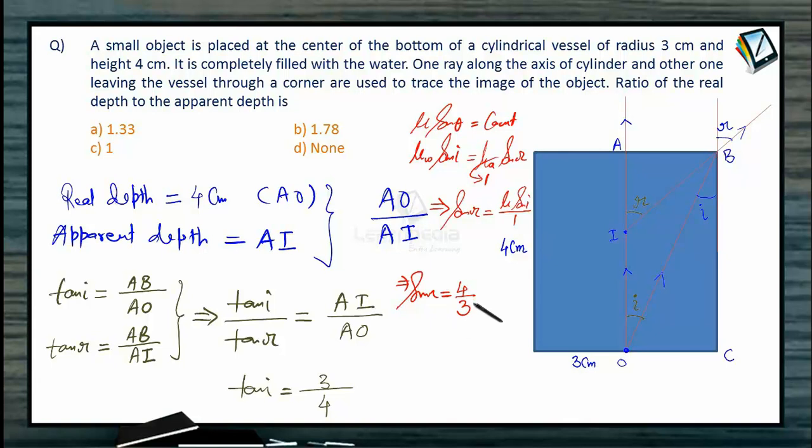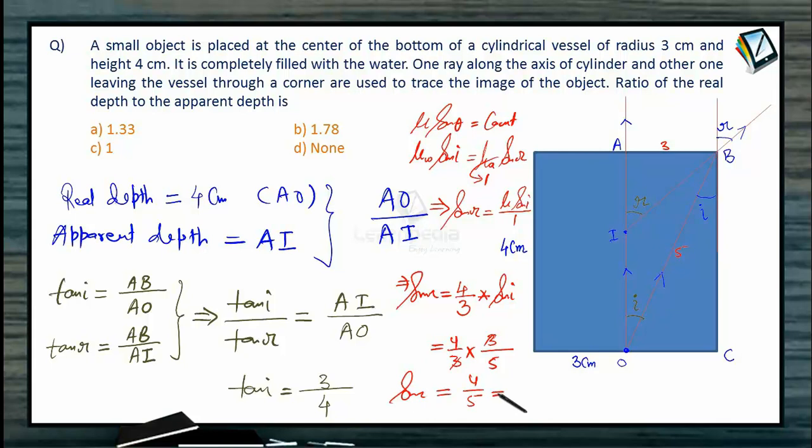So sine R is equal to 4 by 3 into sine I. What is the value of sine I? You can see from this triangle ABO, this line is 3 centimeter, this is 4 centimeter, so the hypotenuse has to be 5. So sine I is equal to 3 by 5. So we can write 3 by 5, and 3 and 3 get cancelled. So sine R is 4 by 5.